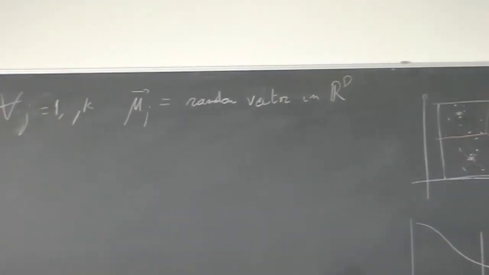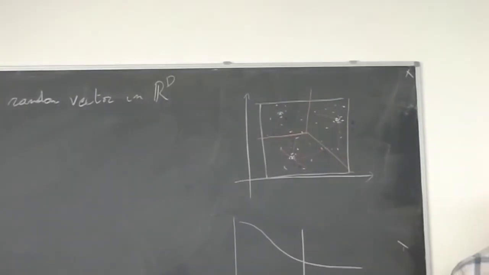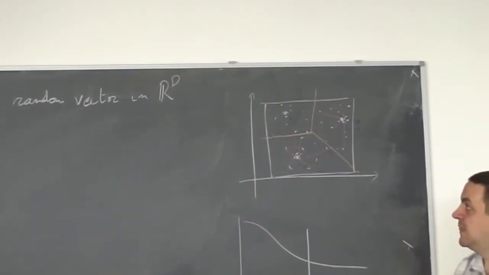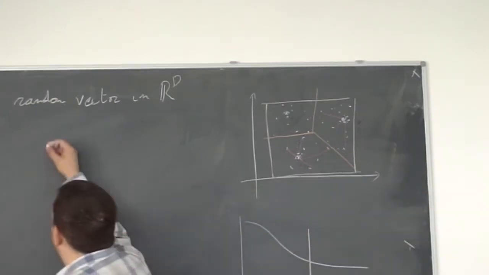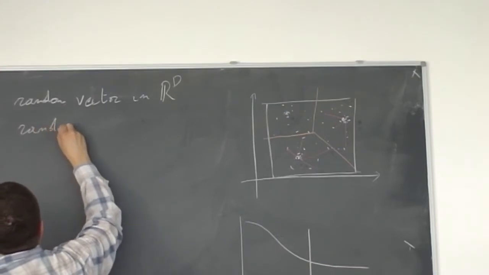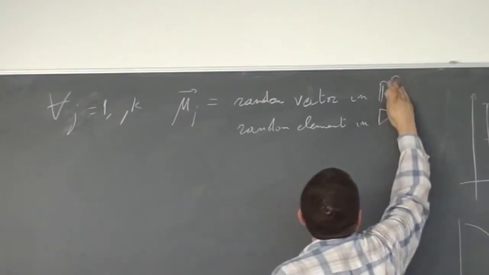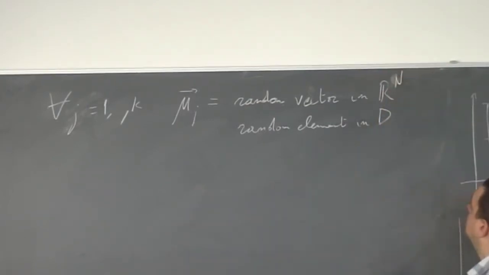So we're not choosing one vector here, one here, and so on, but we restrict our choice inside the space, or maybe even just a random element in our set, oh sorry, this was n, okay. Maybe we initialize every representative to be one different random element of our set.